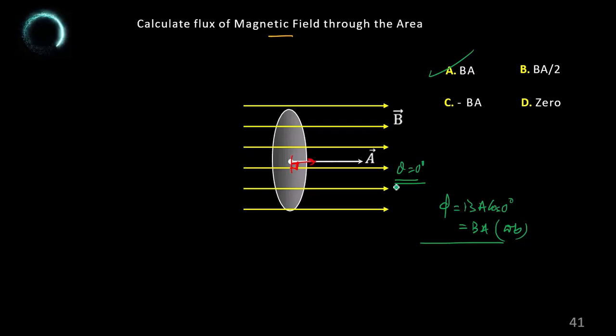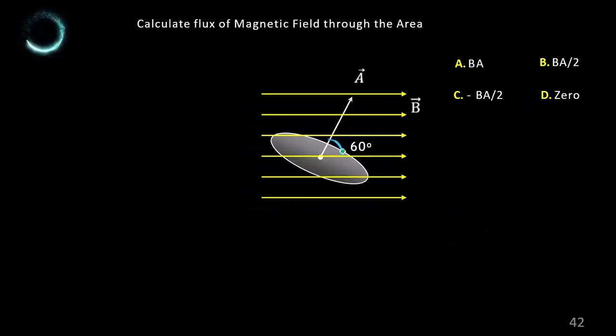Now if I bend this, let us say the angle becomes 60 degrees. The area is directed at an angle of 60 degrees to the magnetic field line. So phi equals BA cos 60, and cos 60 is half, so BA by 2.